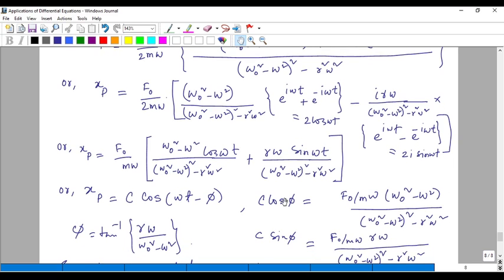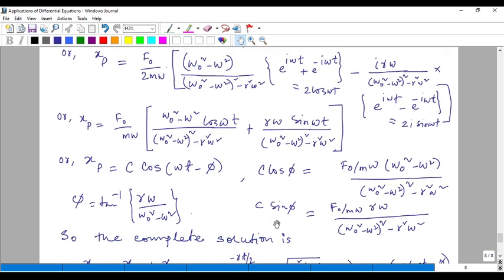And now this term, F0 by omega into omega 0 square minus omega square by (omega 0 square minus omega square) to the power square minus gamma square omega square, is written as C cos phi, and F0 by omega into this term, the coefficient of sin omega t, is written as C sin phi.